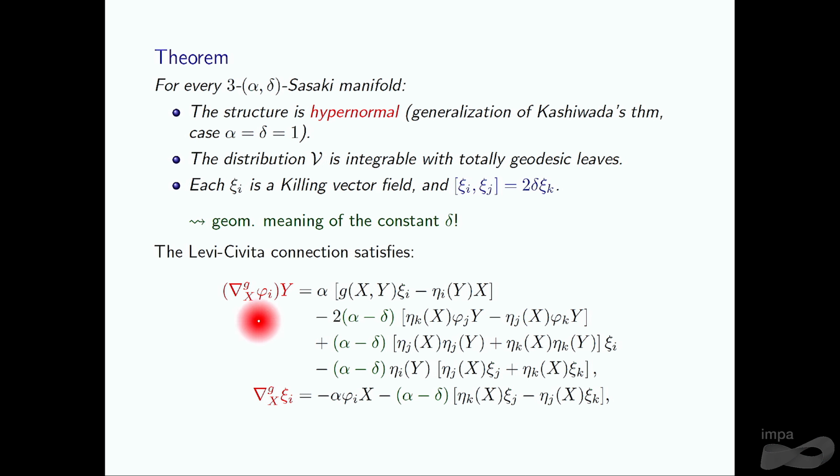The Levi-Civita derivative of phi in direction X, Y is given by this linear combination. And then you get similar terms, which basically come from permutations of the indices and the other almost complex structures phi_j, phi_k, which enter the picture. Okay, so these things can be computed, and we see how we get the additional terms from the three-alpha-Sasaki case.